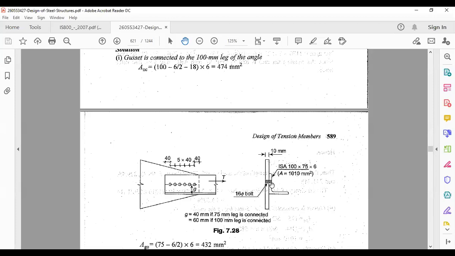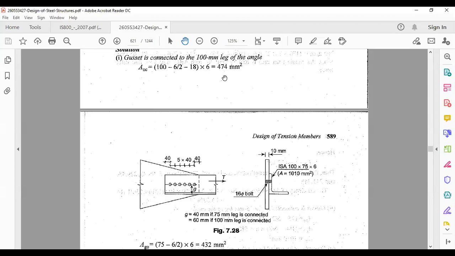So 100 mm is the width, minus this 18 mm for the bolt hole, minus half the thickness. ISA 100 by 75 by 6, where 6 mm is the thickness, minus half the thickness. This is the net width of the connected leg, and multiplied by the thickness of the angle section it will give you the net area of the connected leg, A and C.